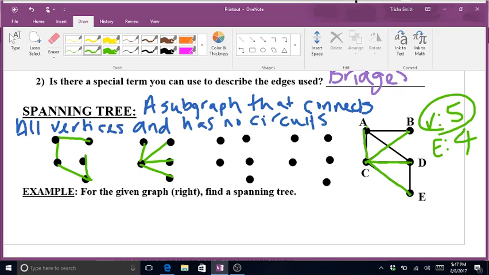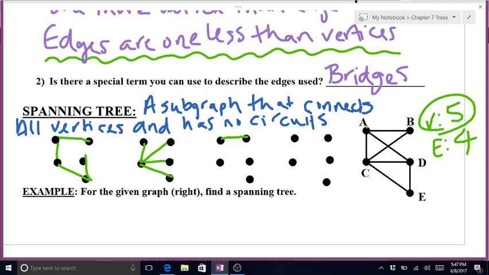Try a couple more on your own and see if you can come up with it, and then I'll give you mine. I did this one. And I did this one. Any of my 4 choices, or maybe one that you came up with that I did not, could be an answer to this question.